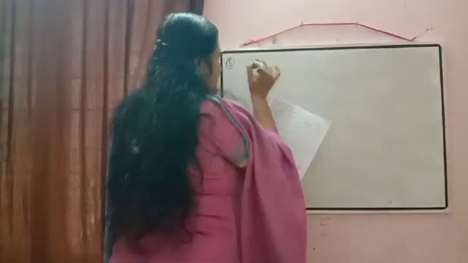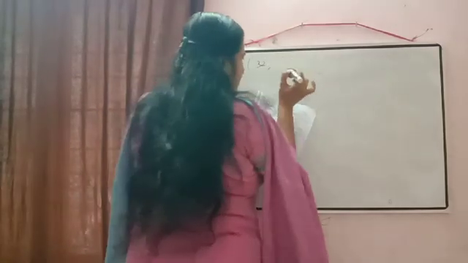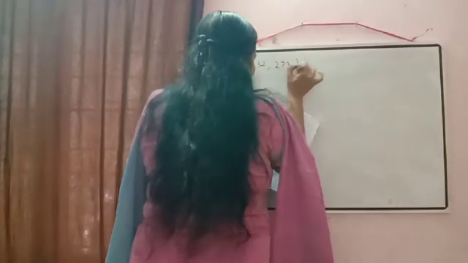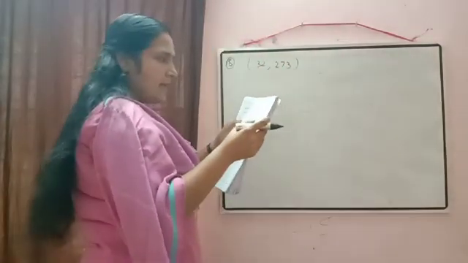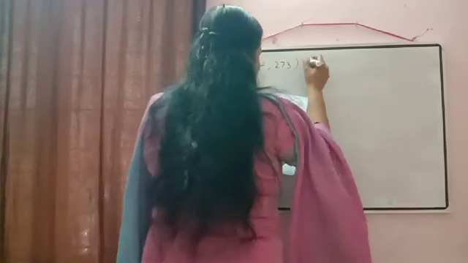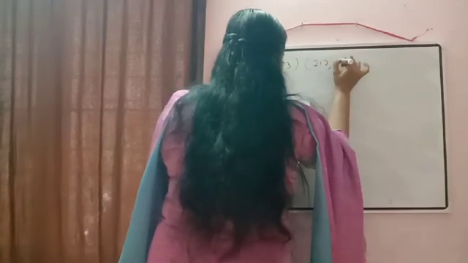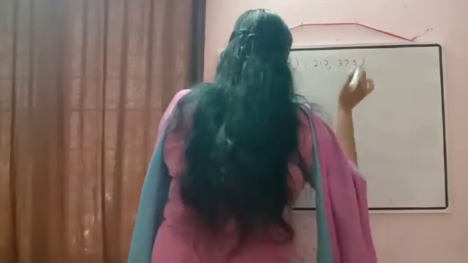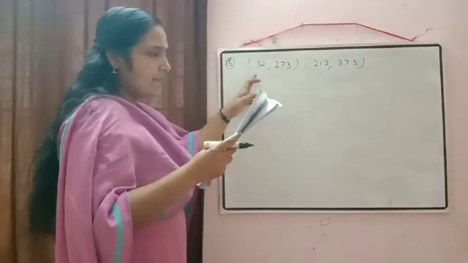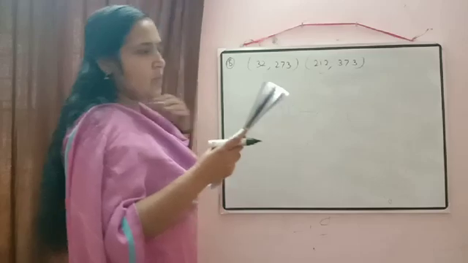So when Fahrenheit is equal to 32, we have the value of K 273, that is one point, and when F is equal to 212, K is equal to 373. So 212 comma 373. F I have taken as x coordinate and K I have taken as y coordinate there.